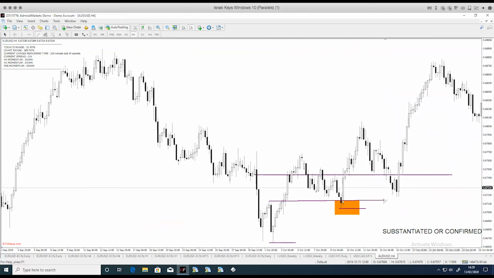Remember, that is the point at which this market broke structure. And you wait for the confirmation by the formation of a higher low. And at this point, the reversal is confirmed. You are now good to go.